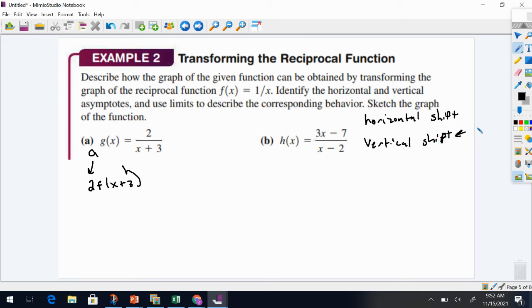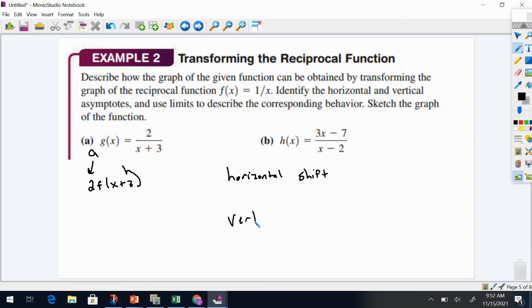The vertical shift is my horizontal asymptote. I'm going to write this out a little better. Let me say this again. So horizontal shift, vertical shift. The horizontal shift, which way it travels, that's where my vertical asymptote is.